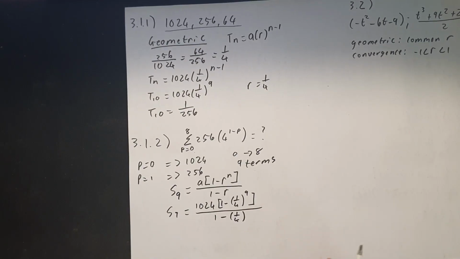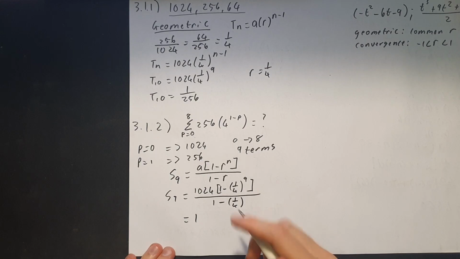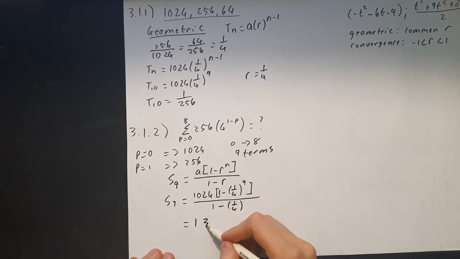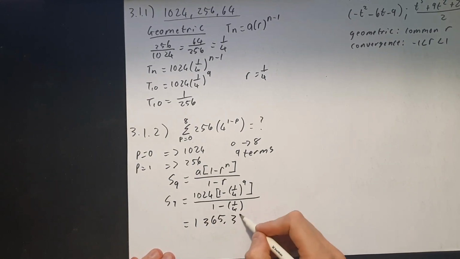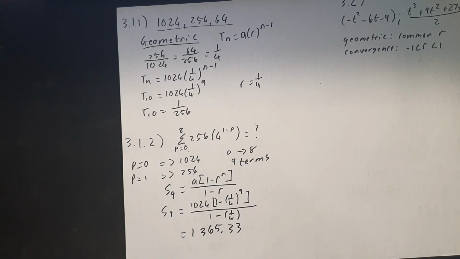If you plug this into your calculator, you get a value of 1365.33. So you're just finding the sum of the first 9 terms.